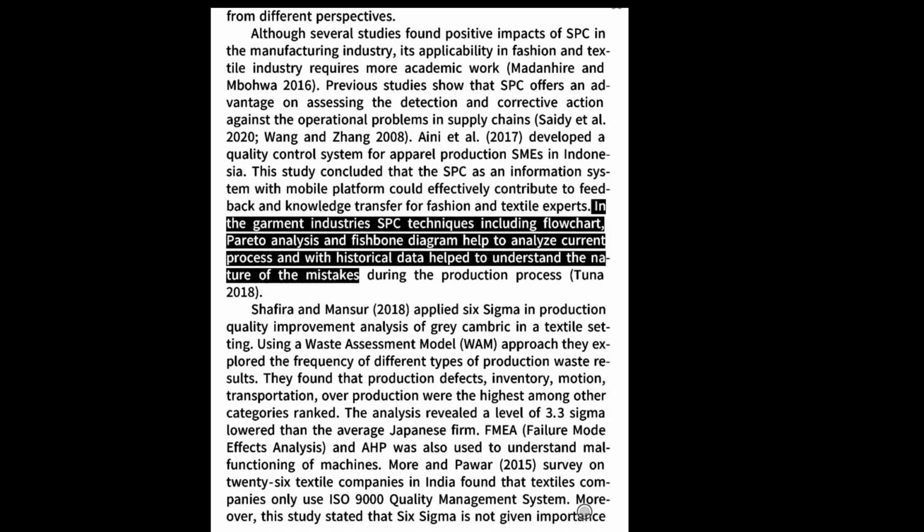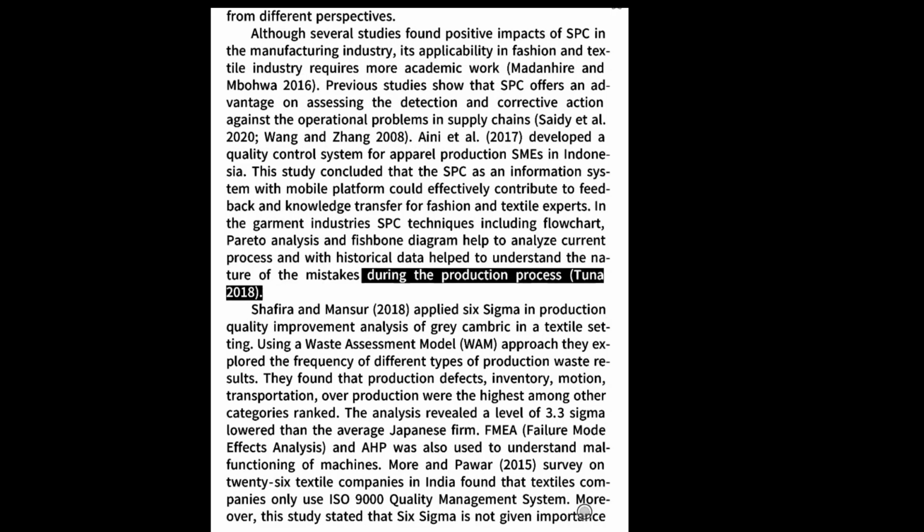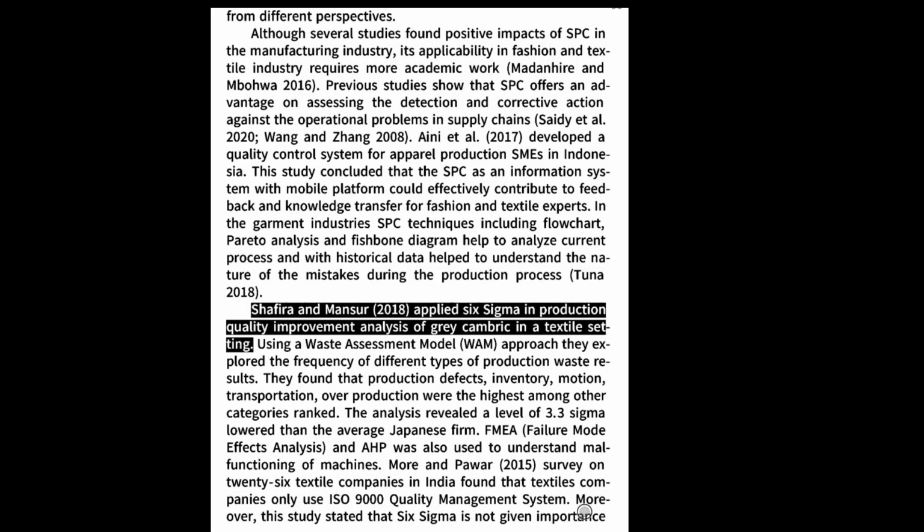In the garment industry, SPC techniques including flowchart, Pareto analysis and fishbone diagram help to analyze the current process, and with historical data help to understand the nature of the mistakes during the production process. Tuna 2018. Shafira and Mansur 2018 applied Six Sigma in production quality improvement analysis of gray cambric in a textile setting.